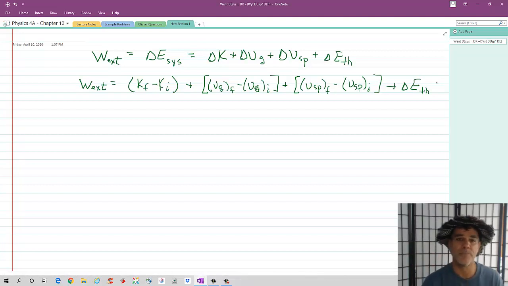So what I want to do now is put all of the initial values on one side and all of the final values on the other side, and we'll get a second form of this equation, which is useful.